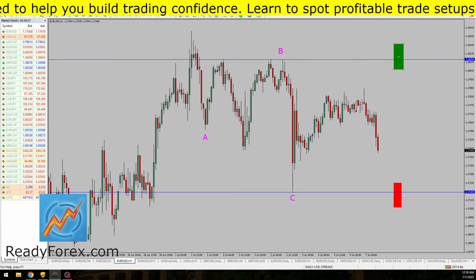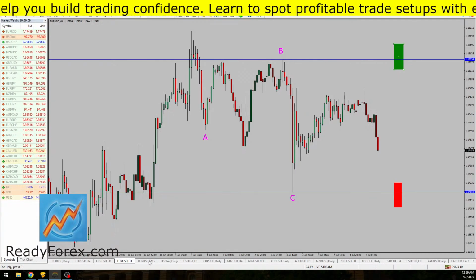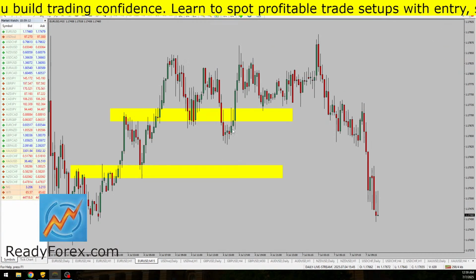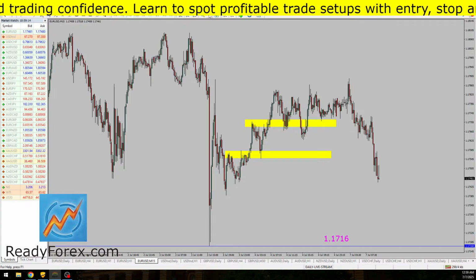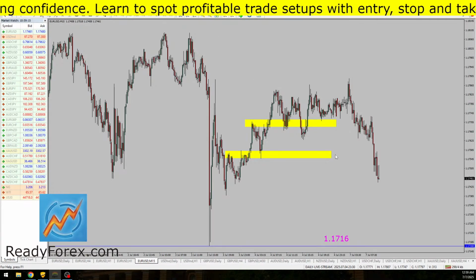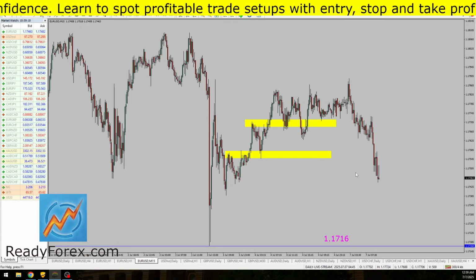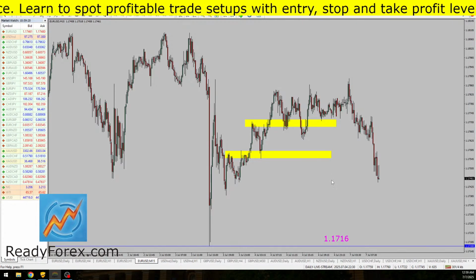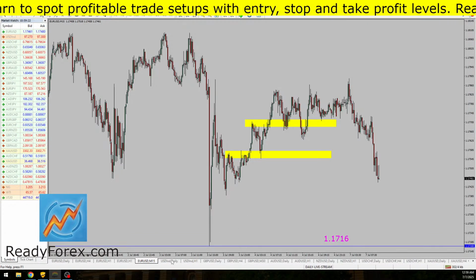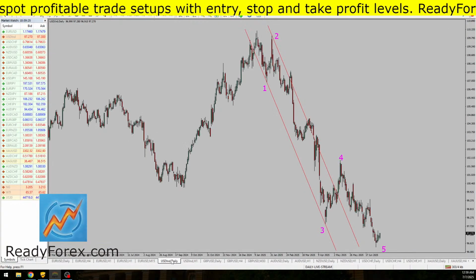Anyways, let's move forward. Okay, so on the 15 minute time frame price action is falling down, and I expect further weakness in price action of EURUSD currency pair.